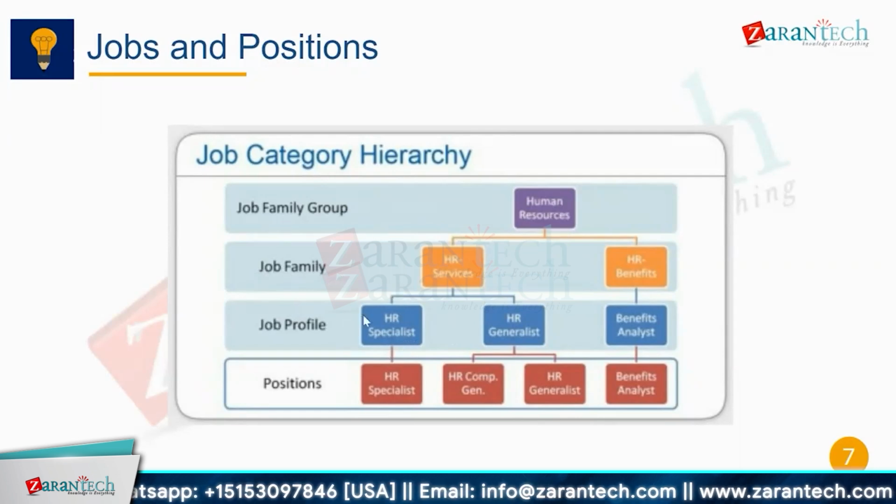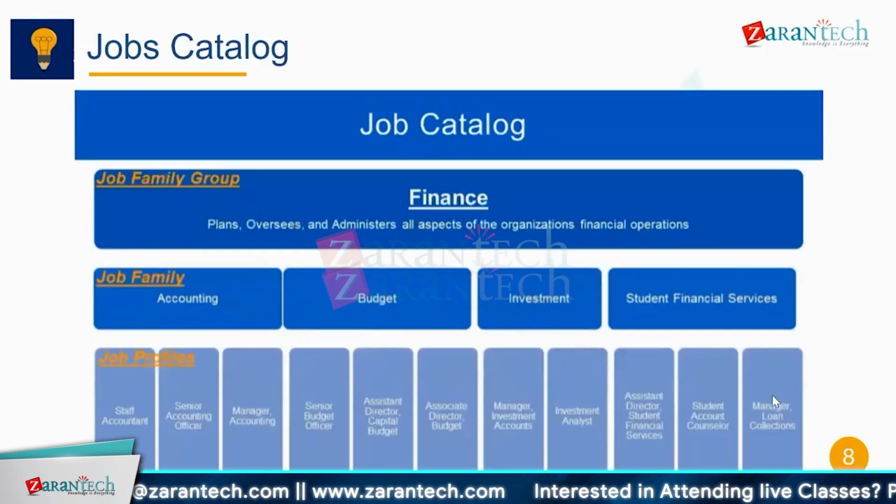It's implied when you select HR specialist. So, as we were saying, job profiles, and maybe this does a better job because it's more detailed, are at the lowest level in this whole job catalog, and we'll go into the definition of job catalog in a bit, but it's these job profiles.